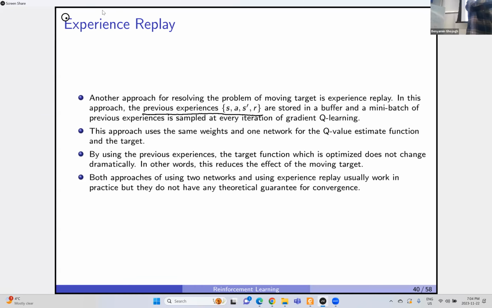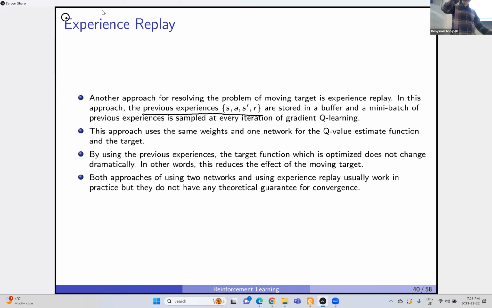Whatever you do in reinforcement learning, this is your experience. Now, at every iteration, always keep track of these experiences, right? Okay. Now in every iteration, when you want to train by backpropagation, you take mini batches from the previous experiences.